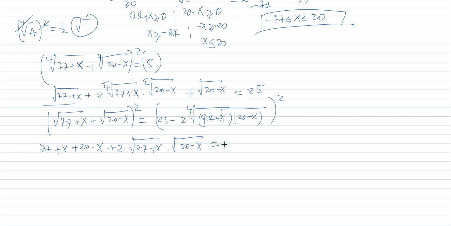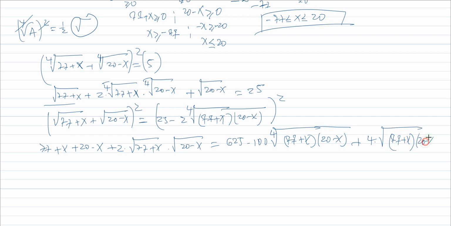And this would be here 625 minus 2 times 2 times 25 minus 100, which is 4 times 77 plus x, which multiplies 20 minus x, plus this one here squared. We're going to simplify 2 divided by 4, which gives the square root of 77 plus x, which multiplies 20 minus x.